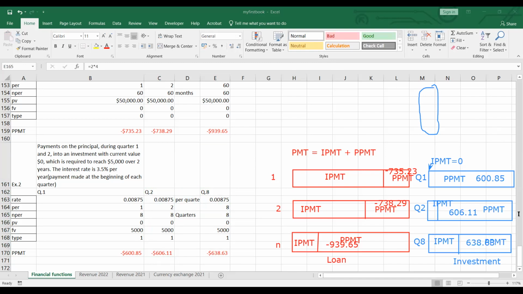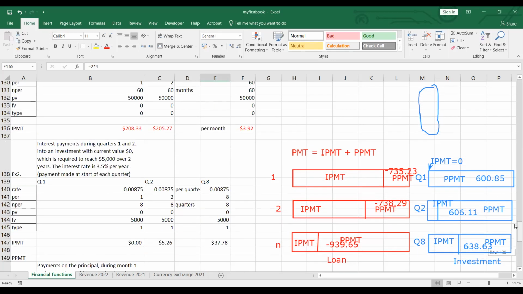So what I want to tell you is that all the questions that I prepare for you are related to example 1. Most of the examples that I give to you are the same case.